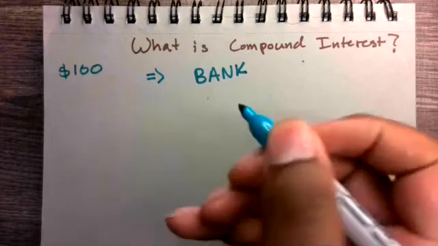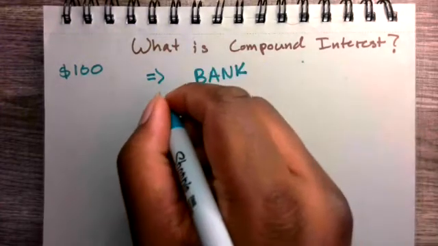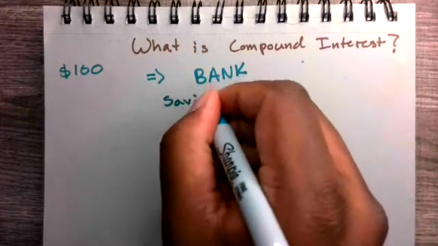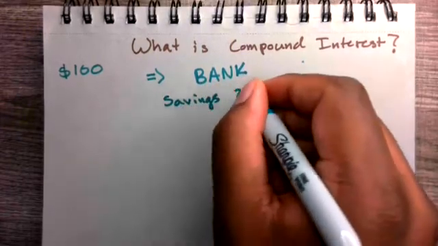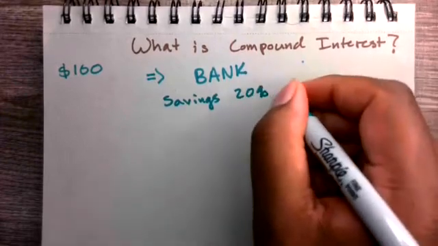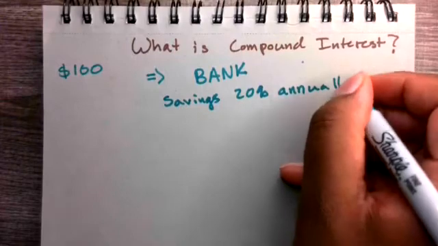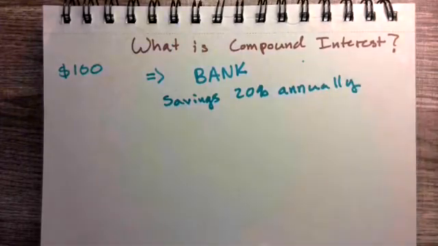So the bank has savings of 20% annually. We put $100 into this bank, savings 20% annually. The only place you can get 20% is probably Vegas, to be totally honest. But let's think about, we're saving at 20% annually.